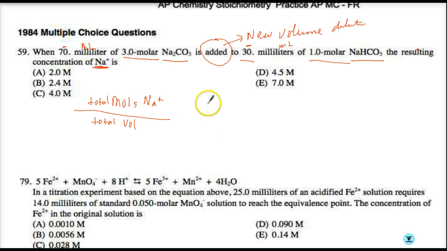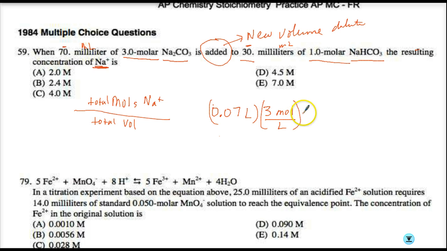Well, I have 70 milliliters, which is going to be 0.07 liters times that 3 mole per liter solution, and that is Na2CO3. But now, how many sodium ions am I getting out of that? Well, I'm getting 2 moles of the sodium ion.